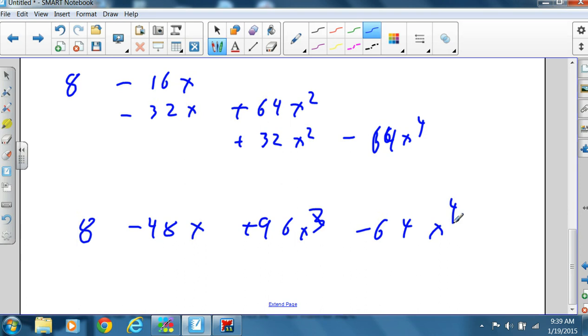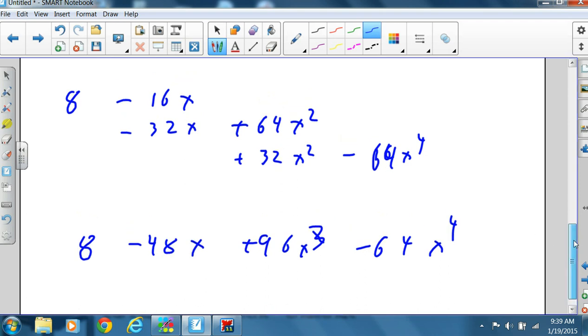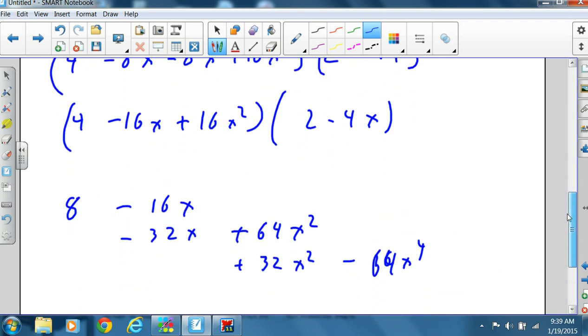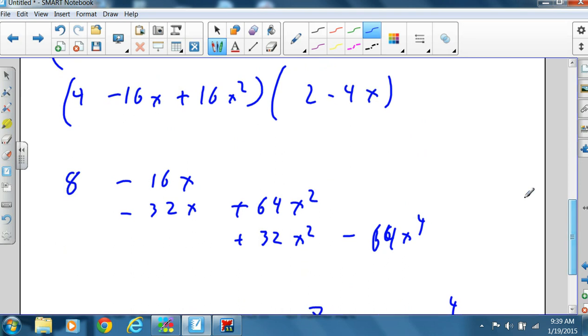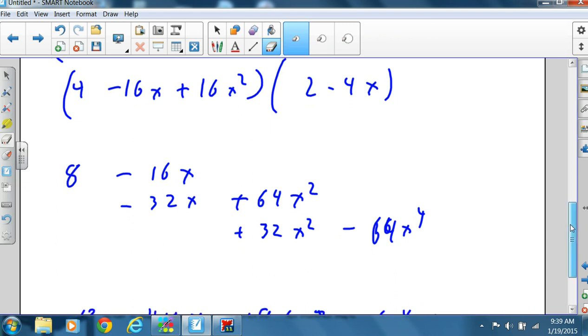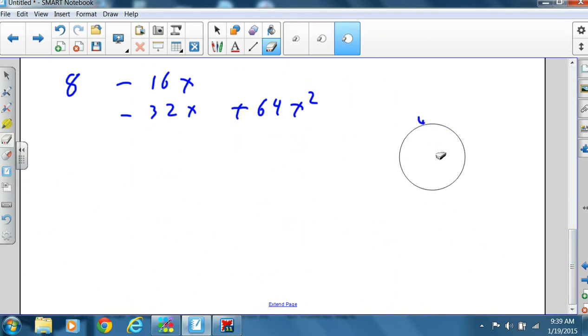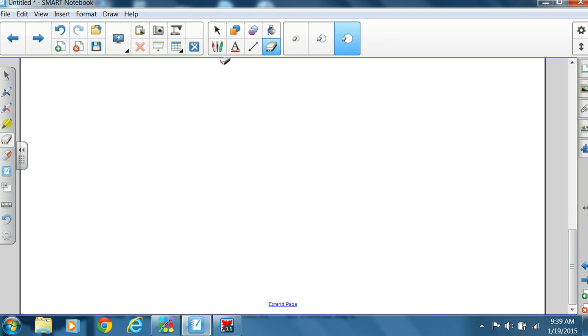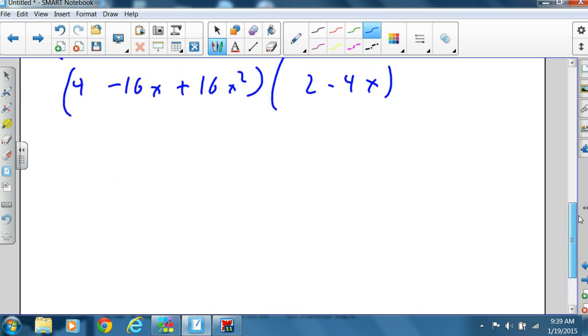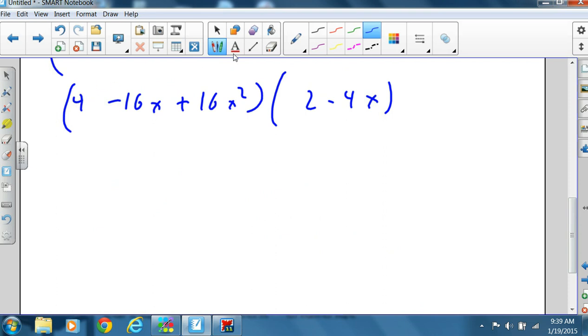Where's the cube? Where's the square guy? Where's the cube guy? How come I'm missing terms? Oh, bummer. Bigger eraser. I'll do it again. 4 times 2 is 8, minus 16x. Okay.